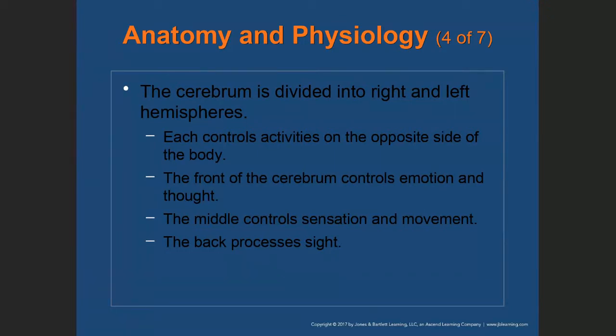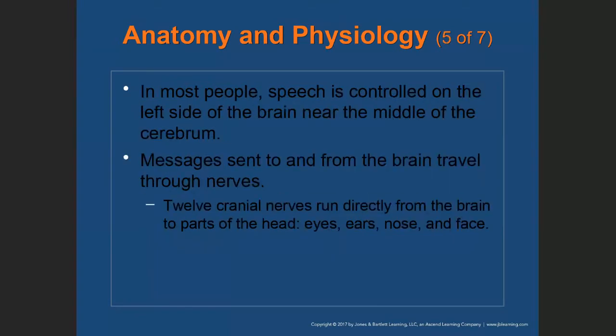So that's more frontal lobe. The middle controls sensation and movement. That's more parietal lobe. And the back processes sight. That's occipital lobe. In most people, speech is controlled on the left side of the brain, near the middle of the cerebrum.